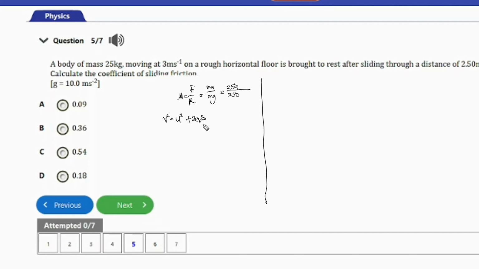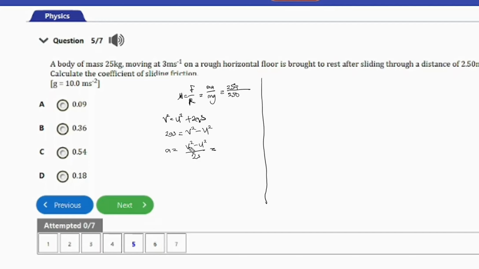So in that case, we are going to make acceleration the subject of the equation. If v squared is equal to u squared plus 2as, it means that 2as is equal to v squared minus u squared. So in that case, a is equal to v squared minus u squared over 2s.